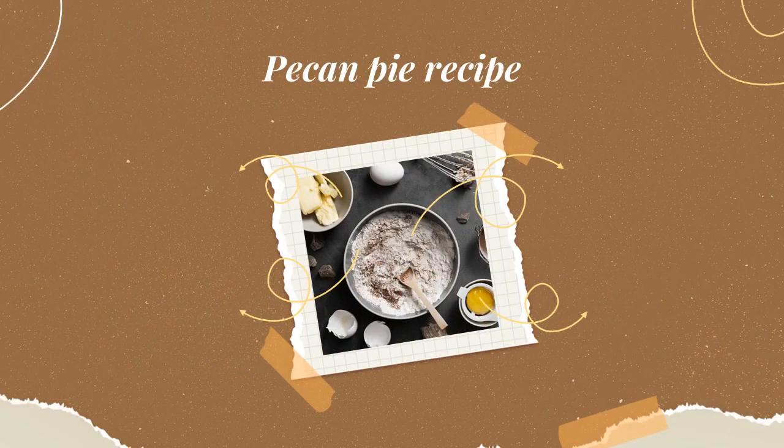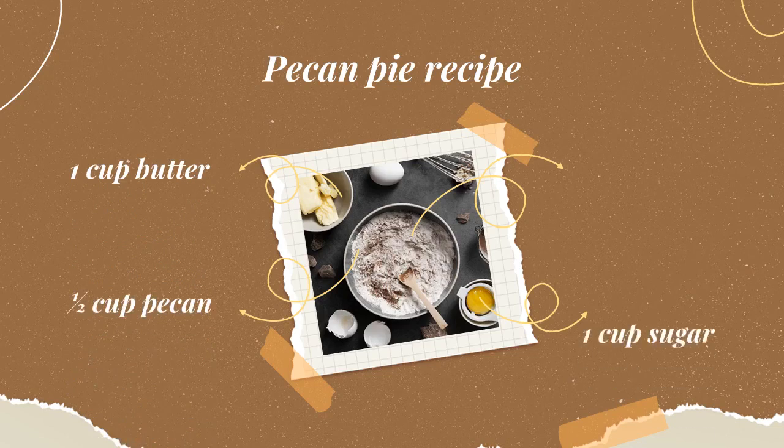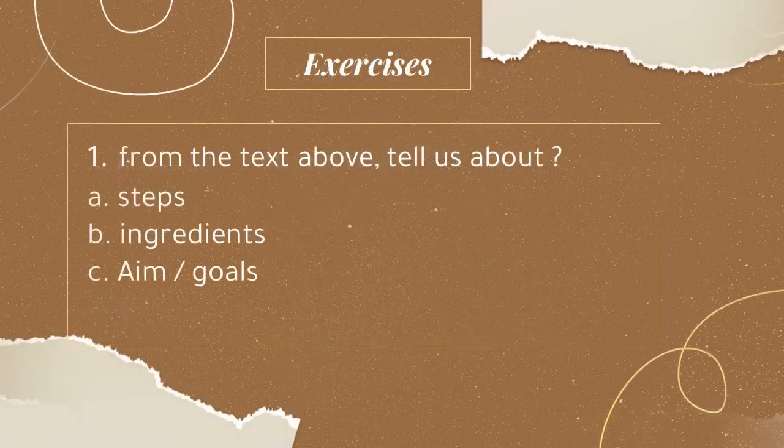Now you can see the picture of this. What is it? Yes, it's the pecan pie recipe. It talks about 1 cup butter, a half cup pecan, 1 cup sugar, and 3 eggs. Guys, I have given you some exercises to help you understand this topic.